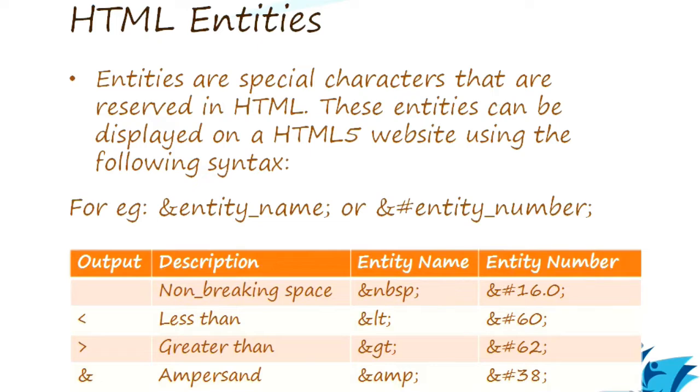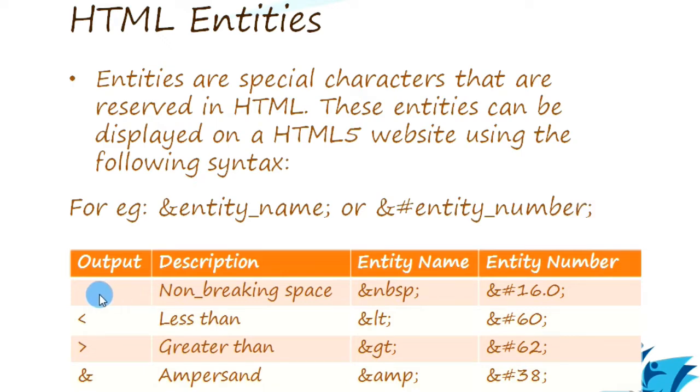HTML entities. Entities are special characters that are reserved in HTML. These entities can be displayed on an HTML5 website using the following syntax. We can use these entities by entering the code ampersand entity name, or ampersand hash entity number, and a semicolon.